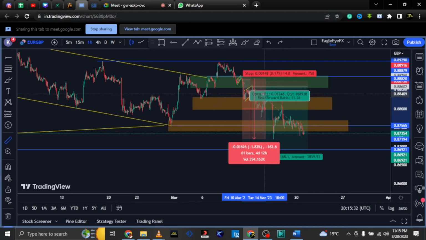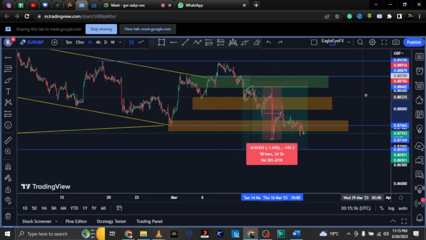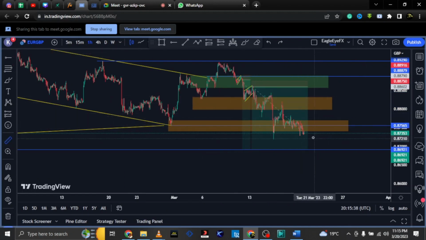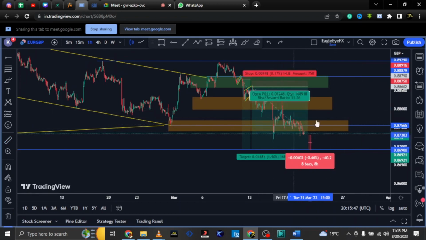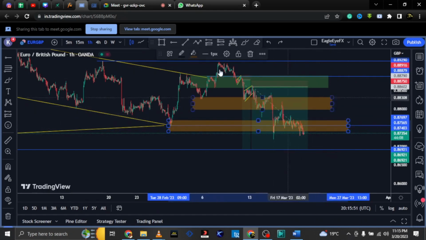If you look at this one, it's also not bad, around 143. But if you look at this one, it's around 40 pips. So unless you are really scalping, then you can take that. But for me, I will not be interested in trades once I get into this red area like that.